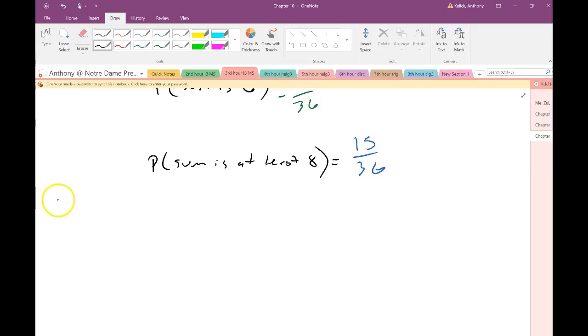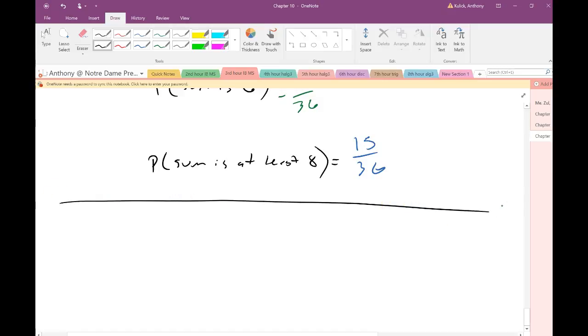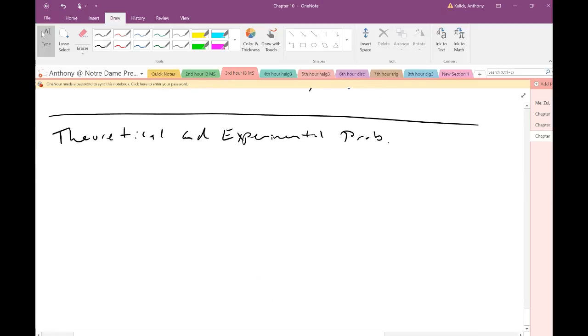So continuing on into this section, we can talk about theoretical and experimental probability. I'm just going to do this with an example. Let's say we're flipping a coin.